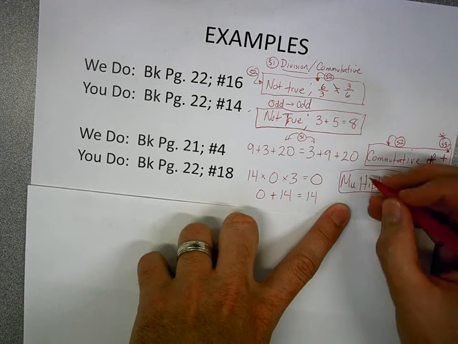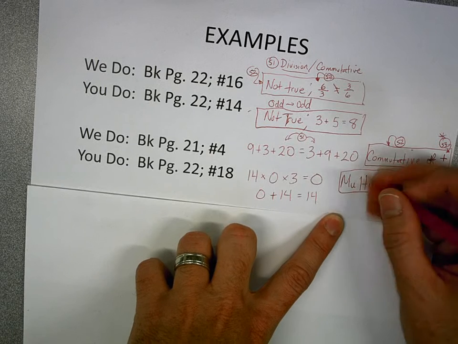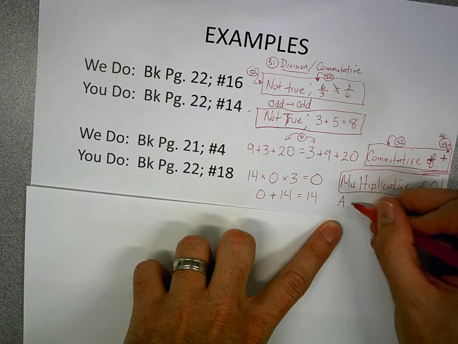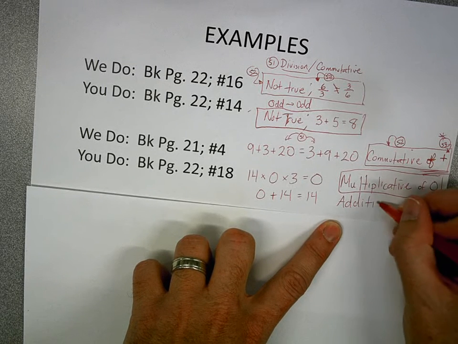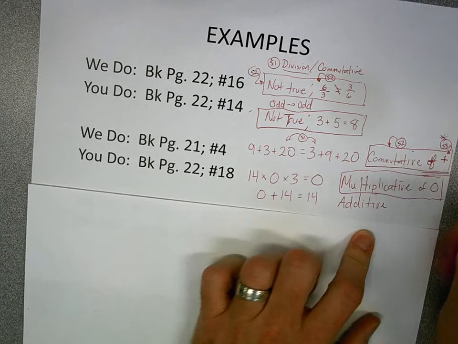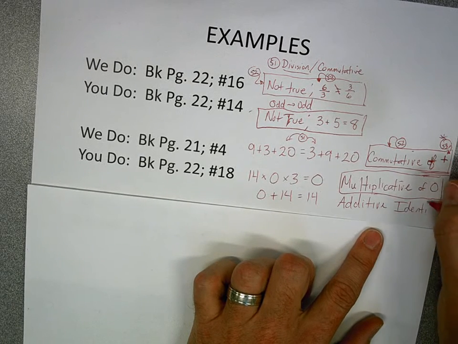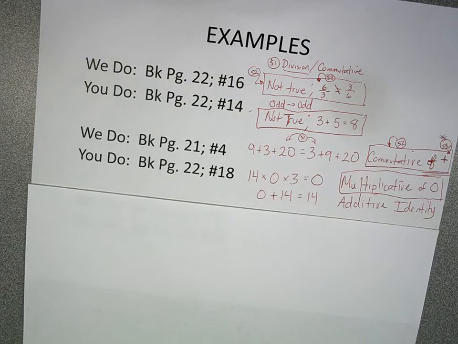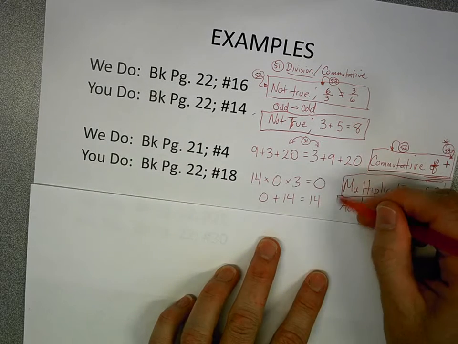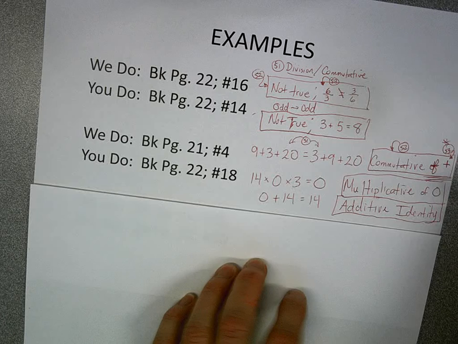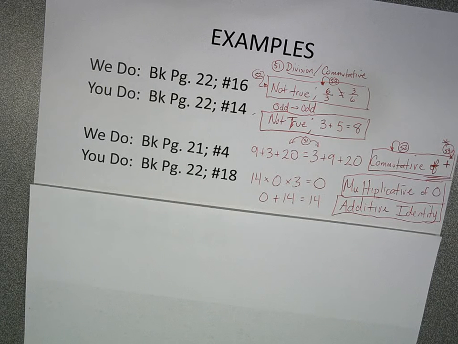I don't know if I said that wrong the first time. So this is the additive identity property.